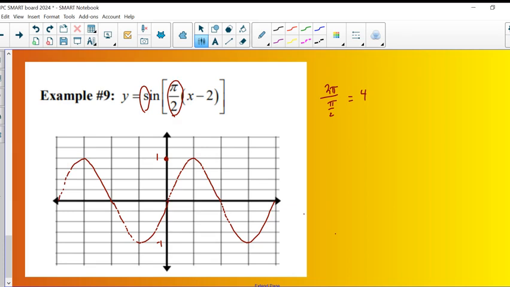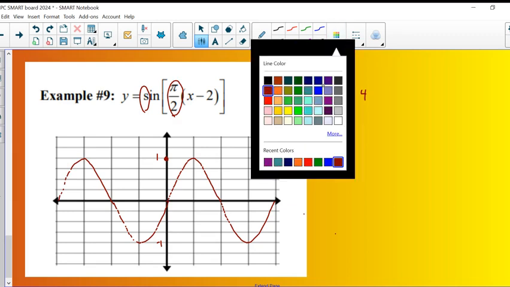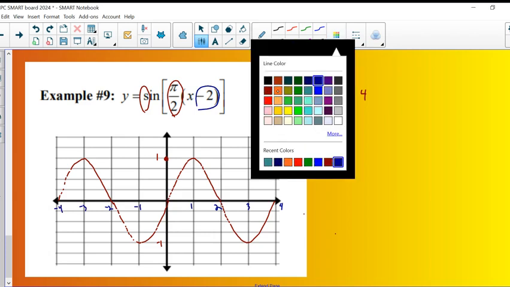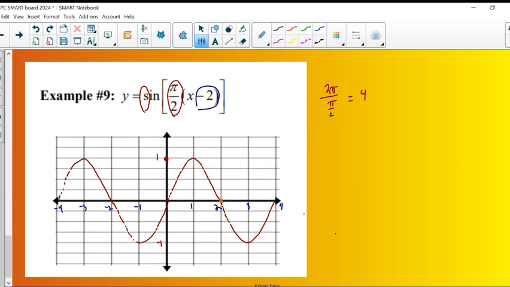I kind of made it dotted because I haven't shifted it yet. So labeling a period of 4, we divide that into quadrants, and then -1, -2, -3, -4. You'll see our phase shift follows some of our quadrant values. We're shifting it 2 to the right, so all the points will be 2 to the right.